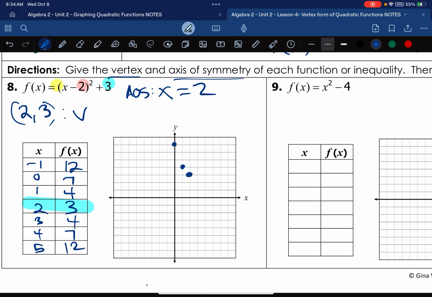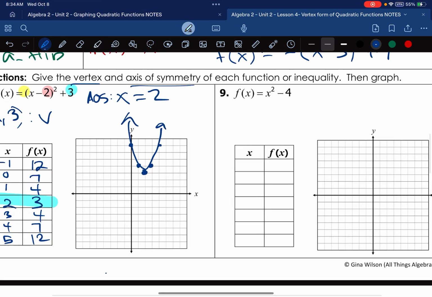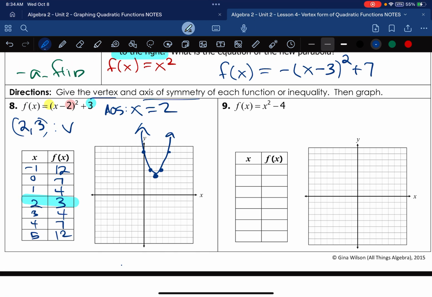Negative 1, 12 would not be on my graph. 3 comma 4, 4 comma 7, and here would be my parabola. This isn't an inequality, so I don't have to worry about dashed lines and shading because it is a function. It has an equal sign. And there's my graph.